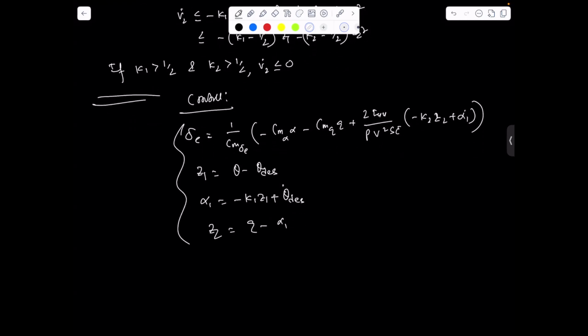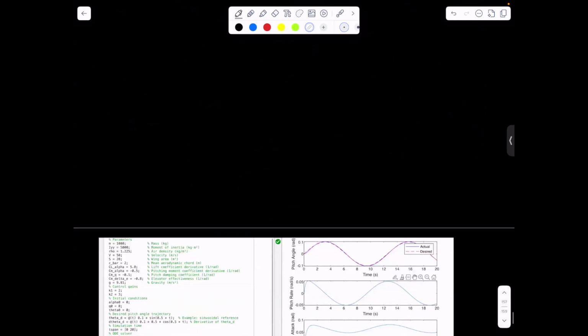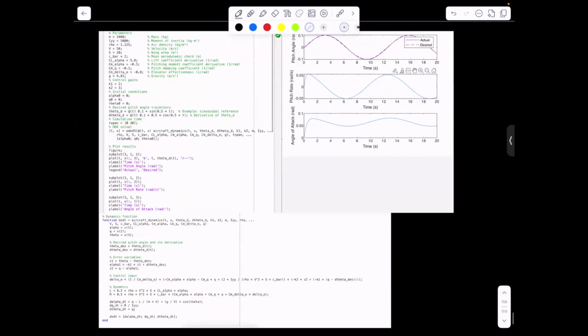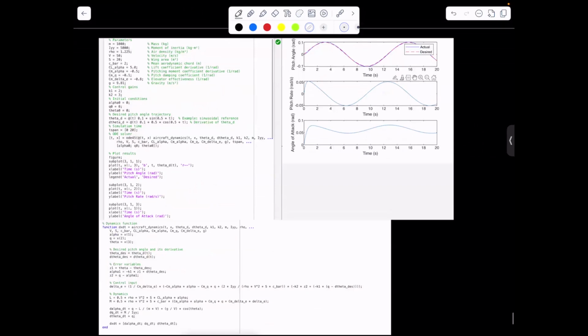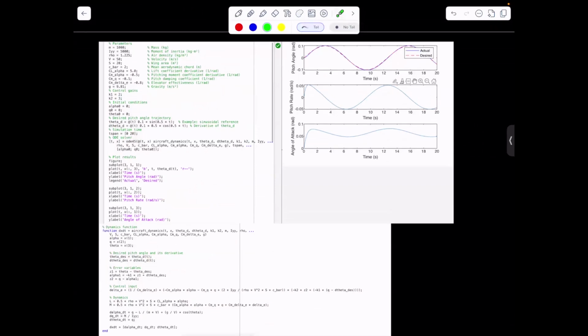Now we'll go to the MATLAB code to see how delta E is going to drive the pitch angle to some desired value. So this is the MATLAB code for the same. These are the initial conditions we have taken, and the control gains K1, K2 we have chosen as 2 and 3.